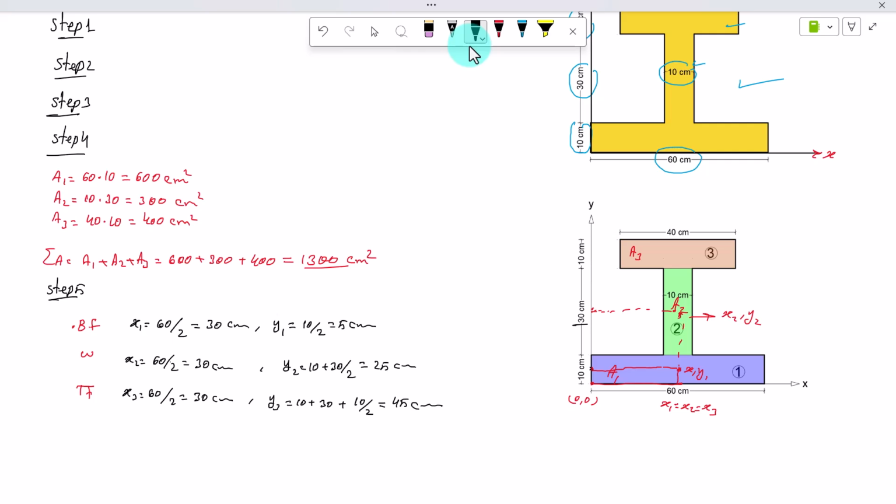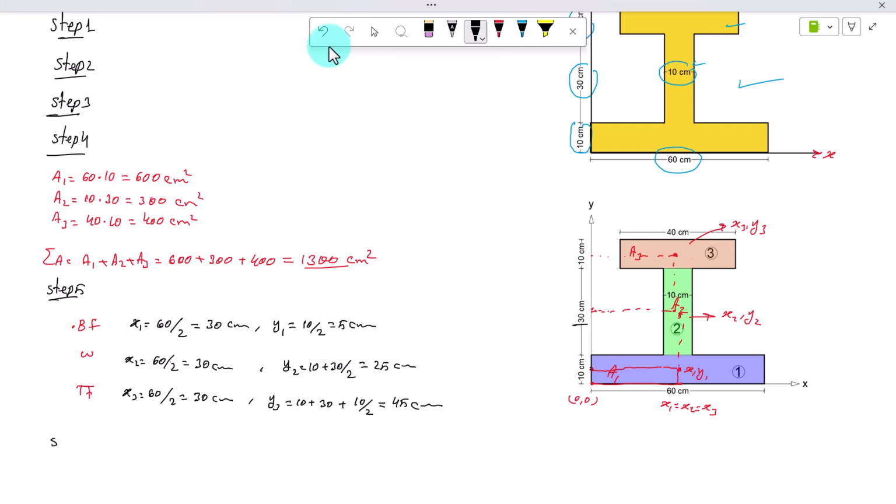This is the distance from the origin: 10 centimeters bottom flange height, 30 centimeters web height, and also half of top flange height. Now we can find the centroid of the top flange. This is the x3 and y3 point, the centroid of the top flange.